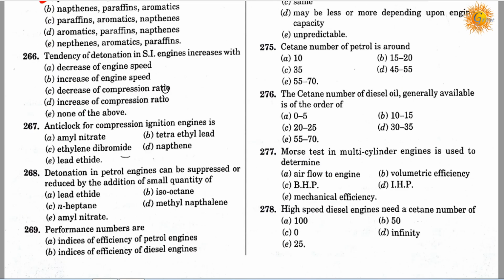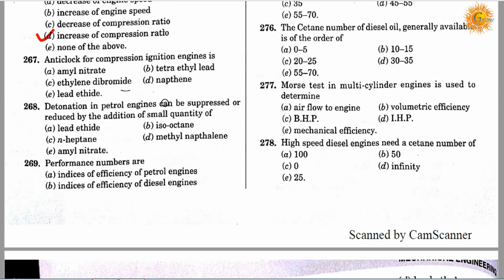Question number 266. Tendency of detonation of spark ignition engines increases with: option A, decrease of engine speed; option B, increase of engine speed; option C, decrease of compression ratio; option D, increase of compression ratio; option E, none of the above. So the correct answer will be D, increase of compression ratio.